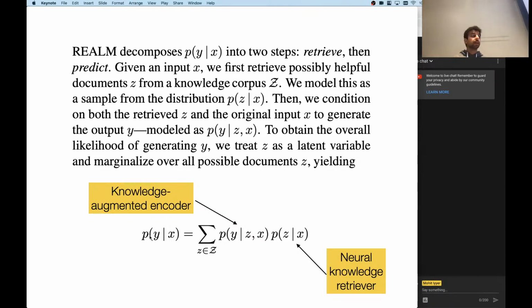Okay, let's break this probability down a little further now that we roughly know how this works. This P of Y given Z and X is basically just BERT, except the input now has a concatenated passage from Wikipedia in addition to the example itself. Nothing fancy here. We know how to do this. We just put a softmax layer over the mask representation, and that's the probability of Y given Z and X. The more interesting part is this P of Z given X, the probability of a document being relevant to this particular mask prediction given the input query.